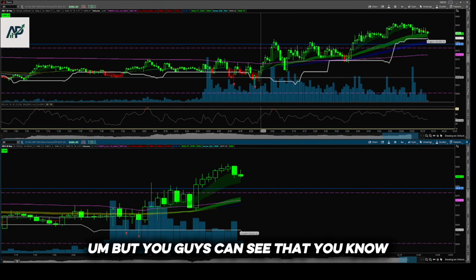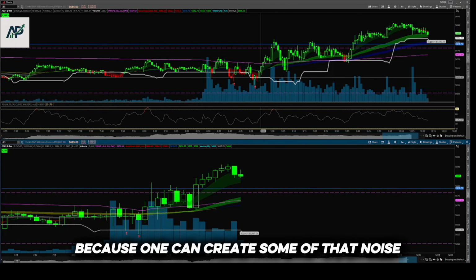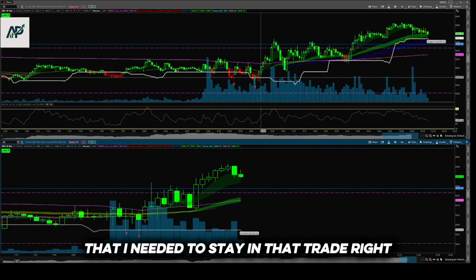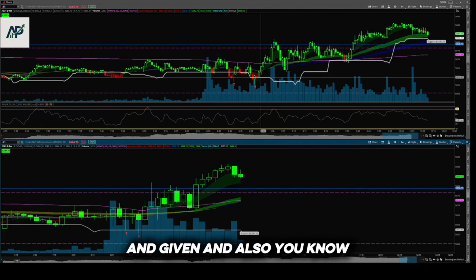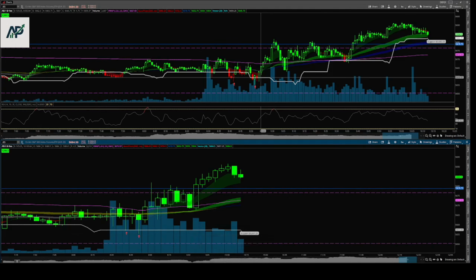But you guys can see that I like to work off of 1 and 5, because 1 can create some of that noise, where 5 was giving me the level of confidence that I needed to stay in that trade, right? And given an ample amount of time for it to run and hit my target.